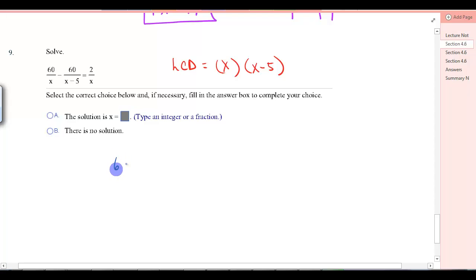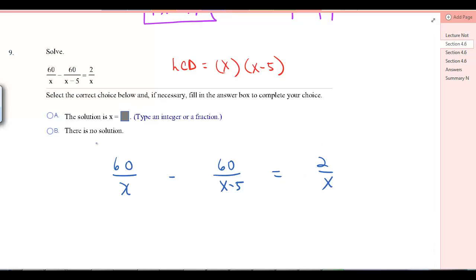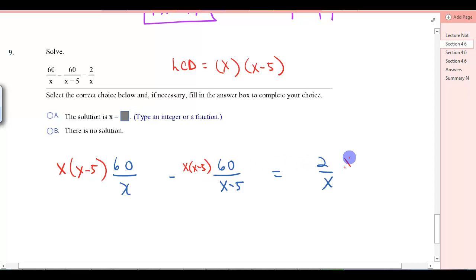So I'm going to write our problem down here, and I'm giving myself some room to go back in and multiply. I want to do that in red. And then I've got that here and here.